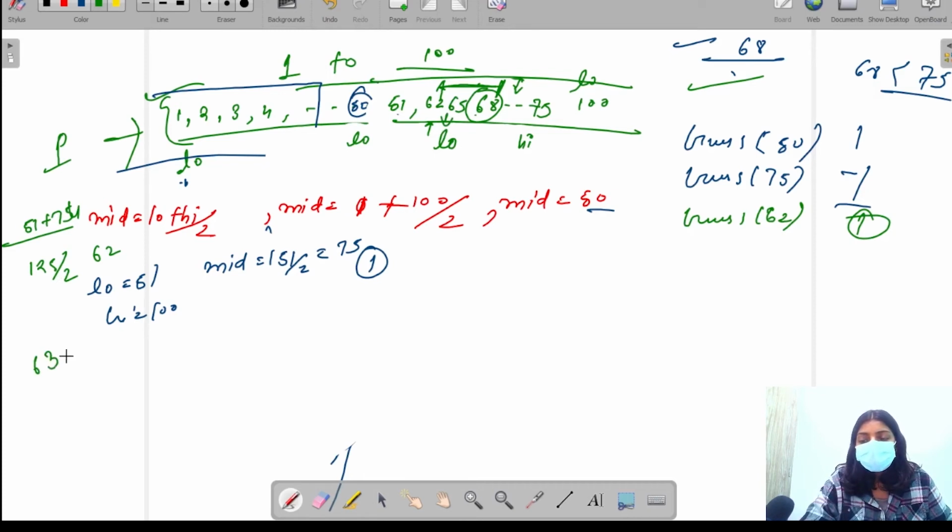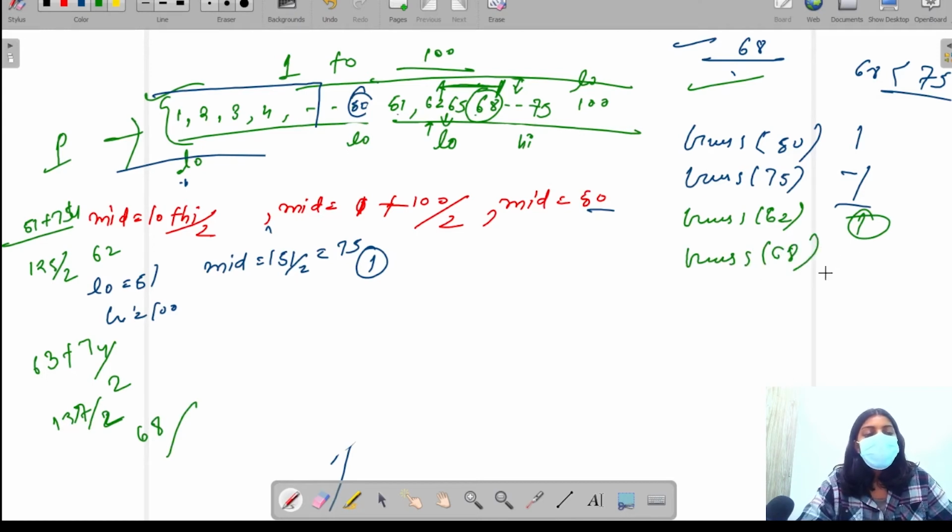So I again calculate my mid, that is 63 plus high, that is 74, divided by 2. 63 plus 74 is equal to 137, and 137 divided by 2 is equal to 68.